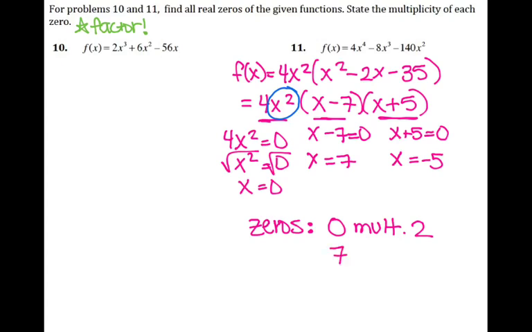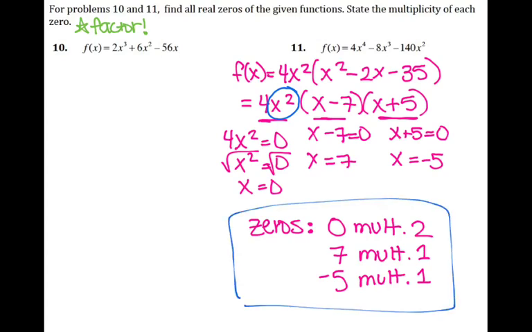My 7 has a multiplicity of 1, and my negative 5 also has a multiplicity of 1, only because these two factors were used once. Now let's say this x plus 5 had a cube on the outside. That means that factor is used 3 times, so it would have a multiplicity of 3. But here is your answer for number 11.